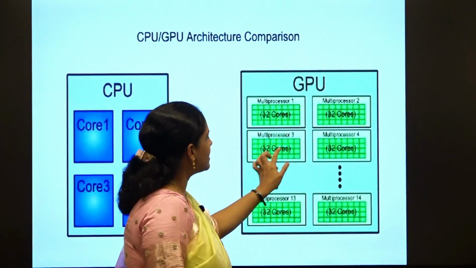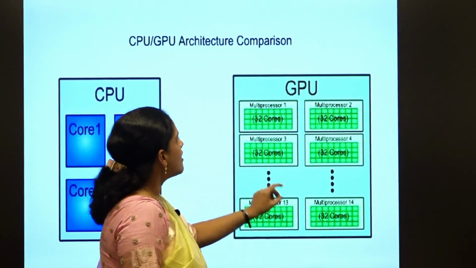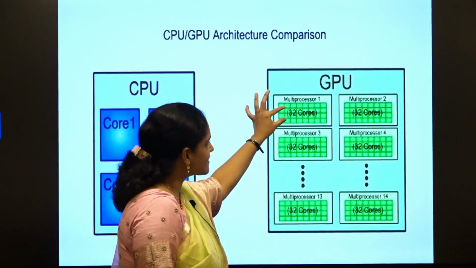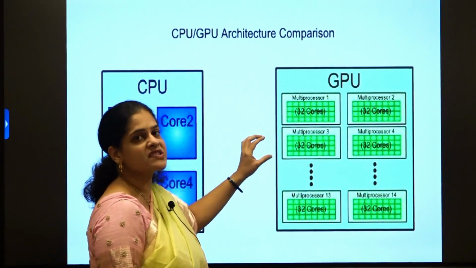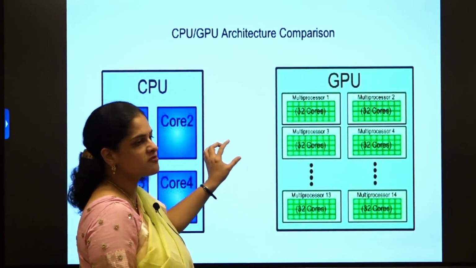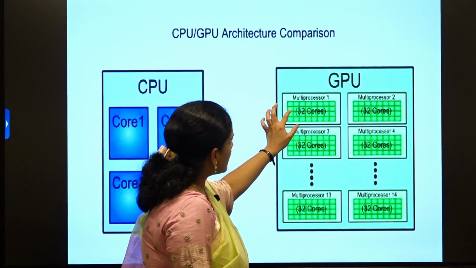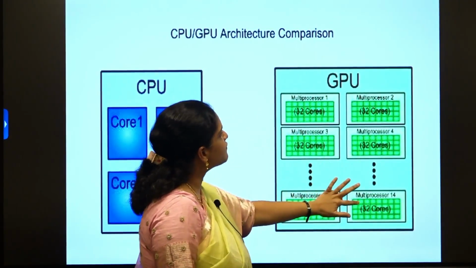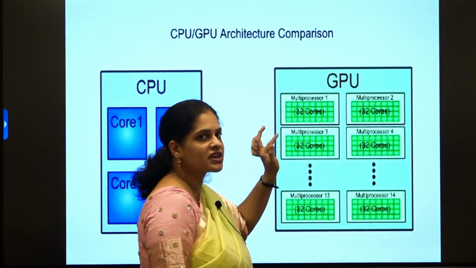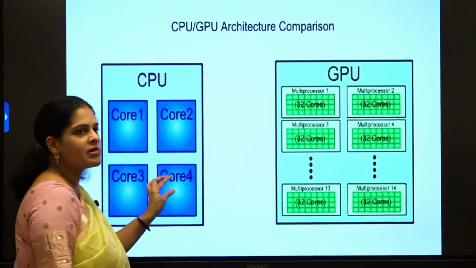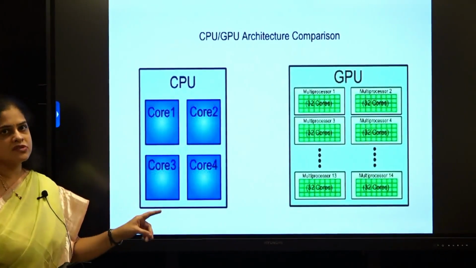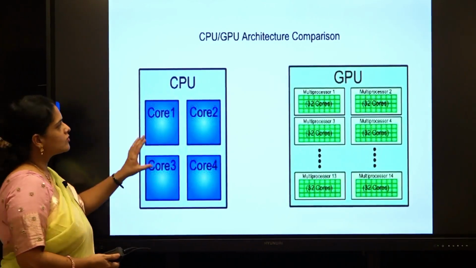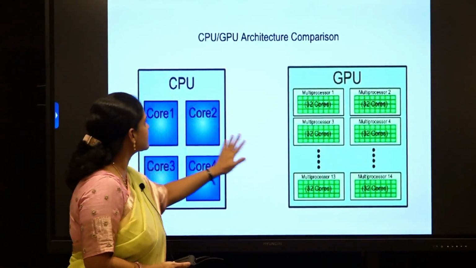Here we have multiple processors present in your GPU, where each multiprocessor internally has 32 cores, which means 32 functional units. Overall, if you have 14 multiprocessors, you have 14 into 32. So at a time, it is capable of performing 14 into 32 simultaneous operations compared to your CPU. That's why it is very fast compared to your CPU.